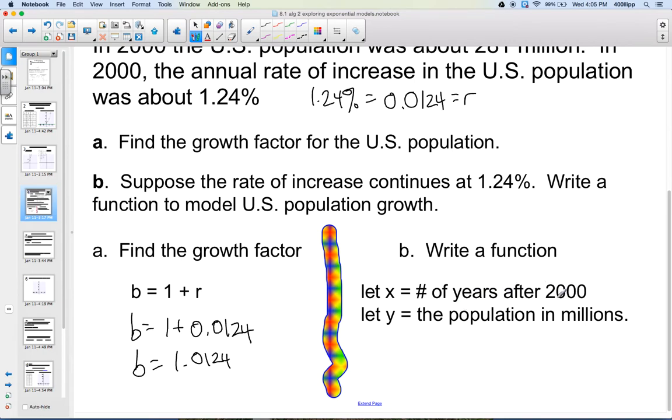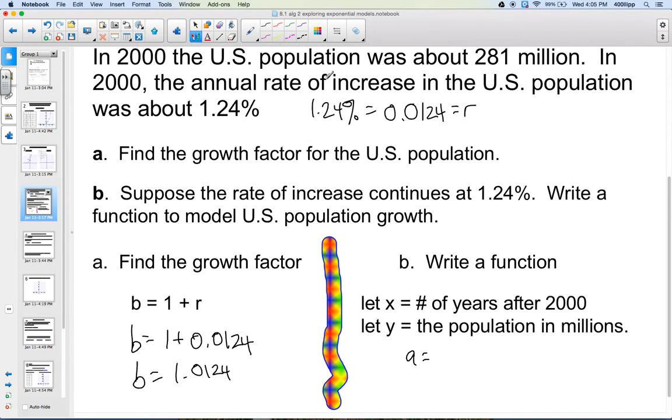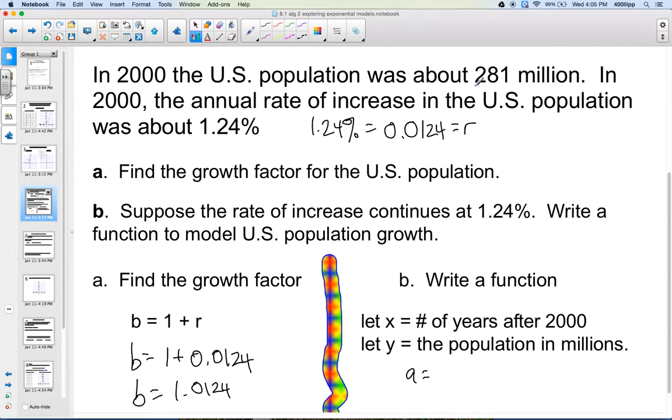So the value of a is going to be your original population in 2000, which is 281 million. If x is the number of years after 2000, that means at the year 2000, x would be 0, and therefore the value of a will be 281.